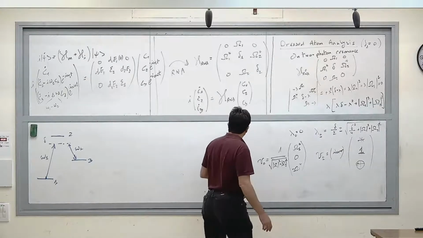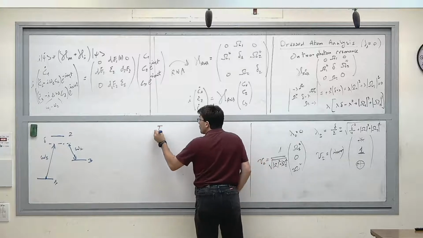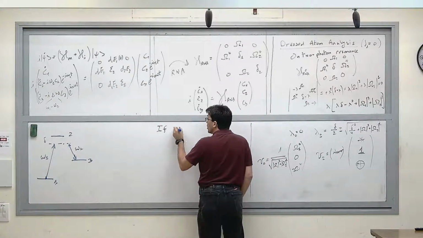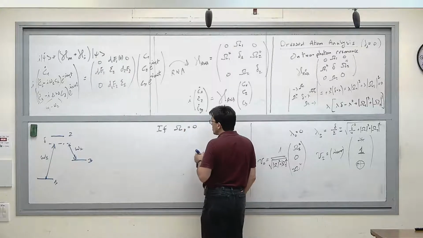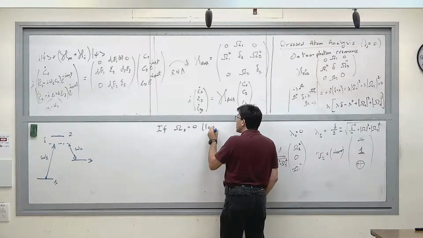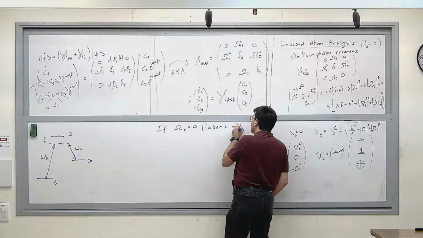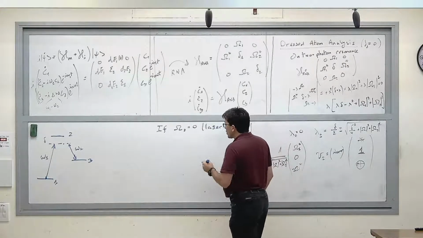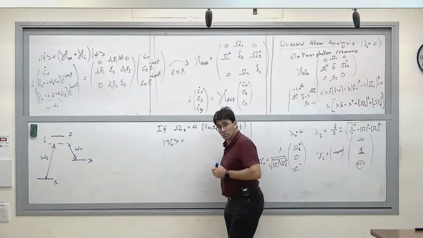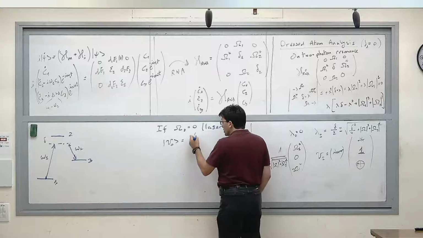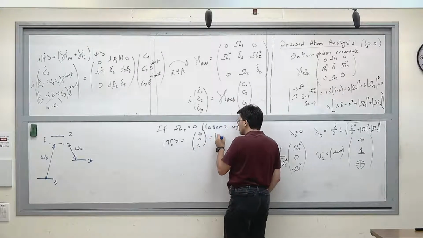Okay? So let's just remember that if omega 2 equals 0, meaning laser 2 is off, then this V0 is just state 0, 0, 1, or it's just state number 3.